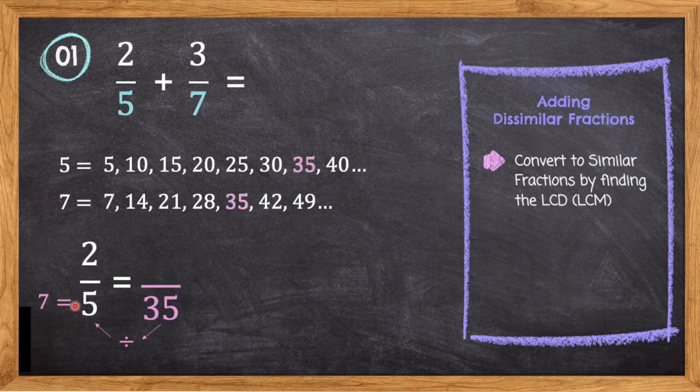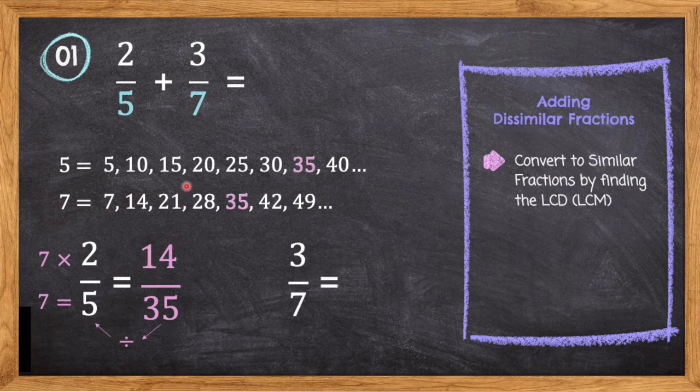And then, ang quotient i-multiply sa numerator. So, that will be 7 times 2, and that is now our new numerator. It's 14. So, ang 2 over 5 was converted to 14 over 35.